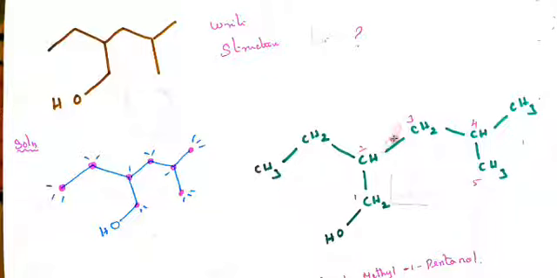1, 2, 3, 4, 5, 6 like that also we can give, but the most priority is from the functional group. That is the main functional group. So from the functional group, the first carbon, numbering 1, 2, 3, 4, 5.